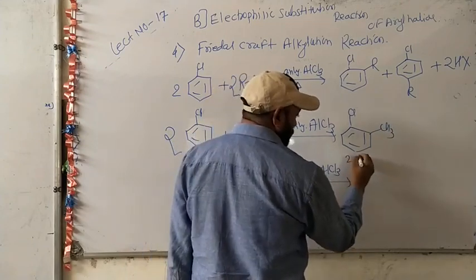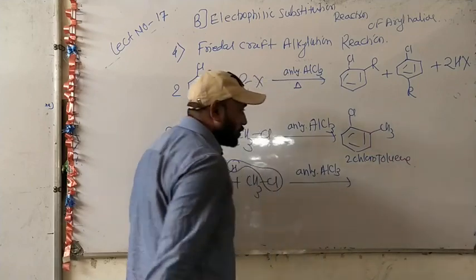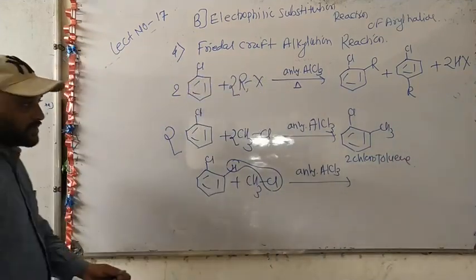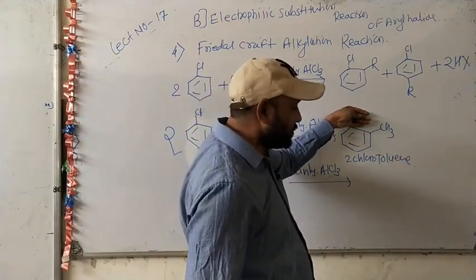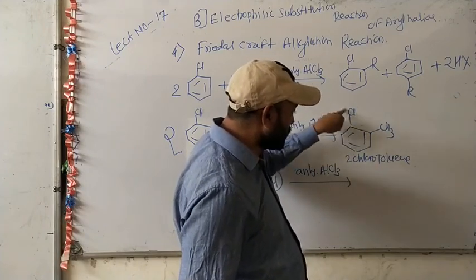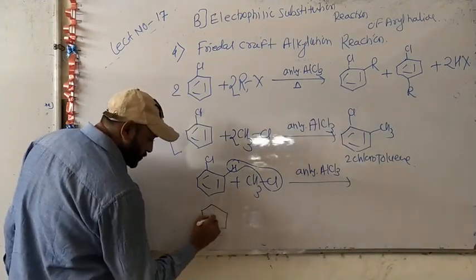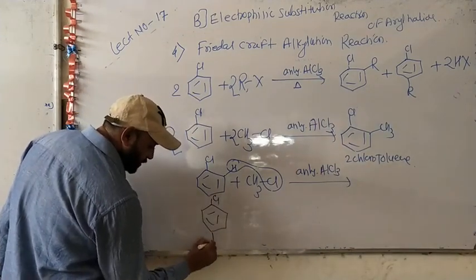So it forms 2-chlorotoluene. Because this methyl attached to the benzene ring is the main functional group, that's why it is a toluene, a 2-chlorotoluene. And secondly, substitution reaction of chlorobenzene occurs at the para position.